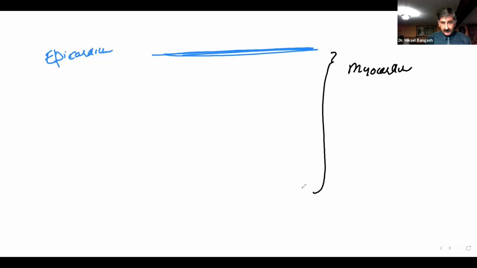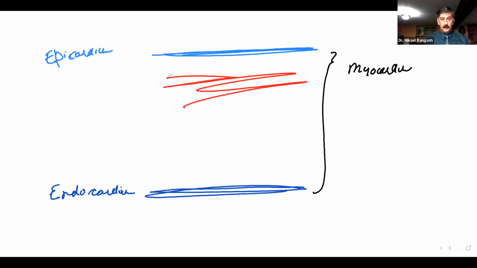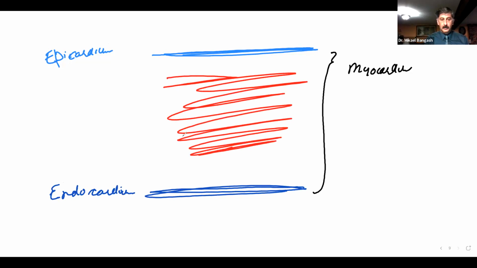On the inner side of the myocardium was what we call the endocardium, right? And in between there was what we will call the myocardium.